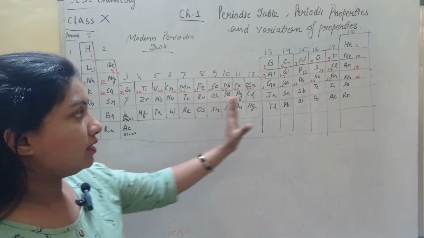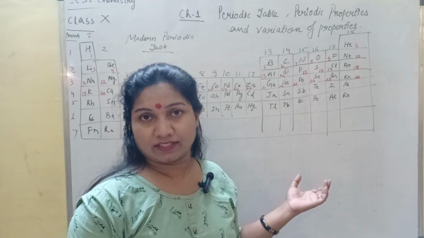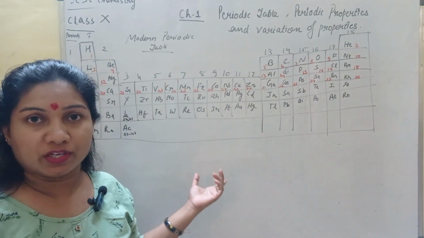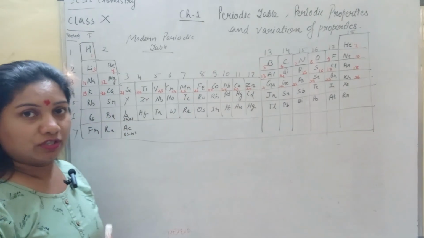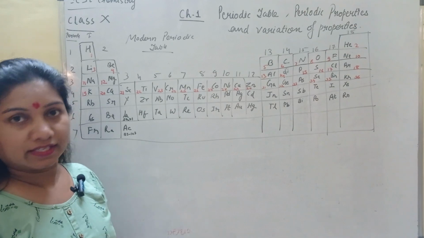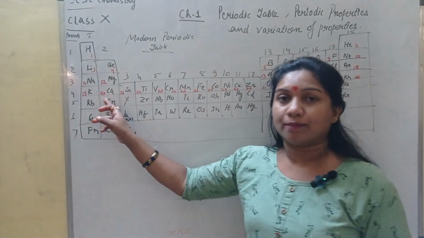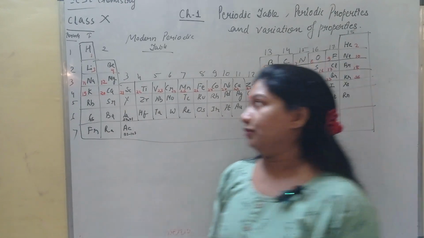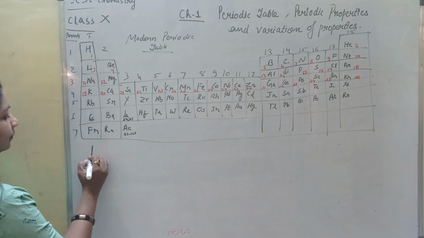These symbols and their names you have already done in your previous 9th class syllabus, so you should be familiar with this. At least the first 20 elements you have to learn along with the symbol, name and their atomic numbers and electronic configuration of these 20, means up to calcium you have to cover. Okay, so first we will see what a periodic table is.